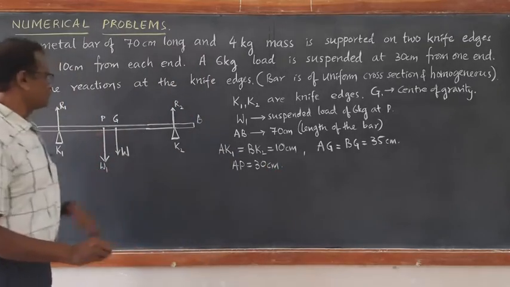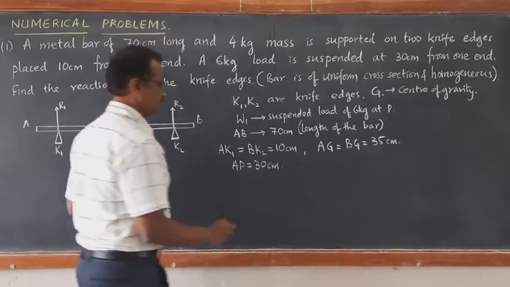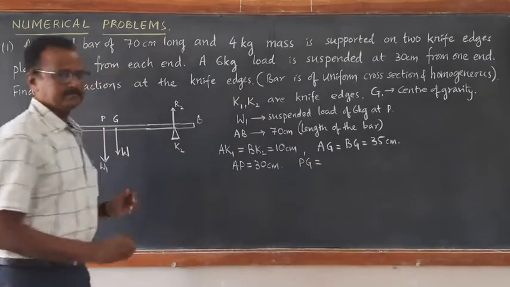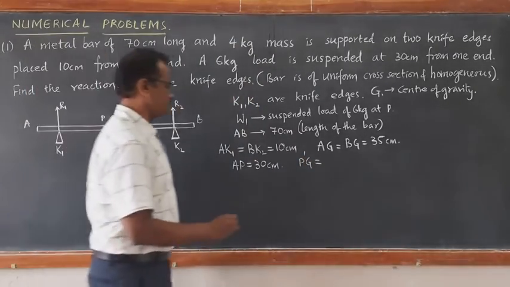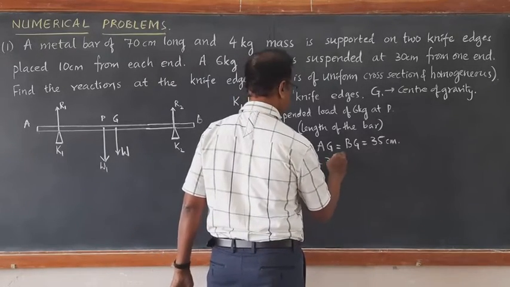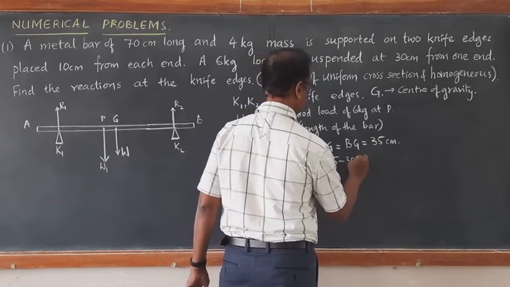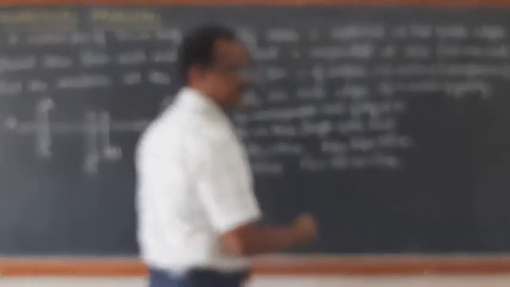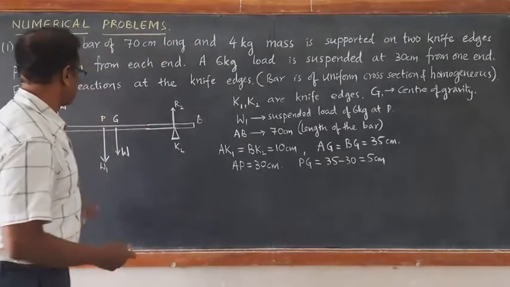So with respect to the center of gravity, PG is equal to 35 minus 30, which becomes 5 cm. You can later convert it into meters.